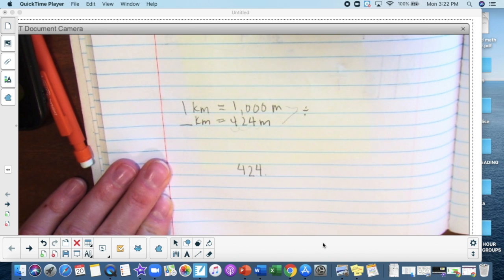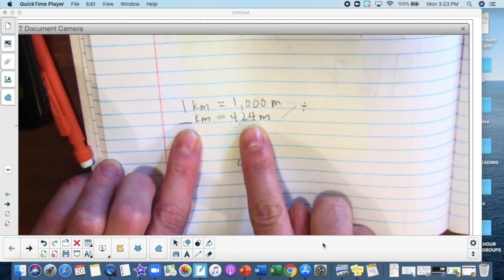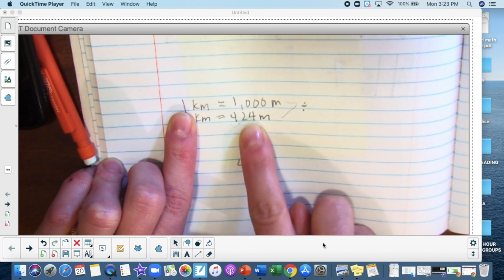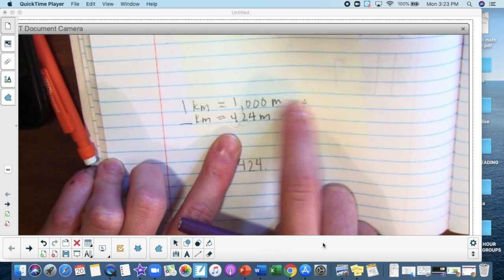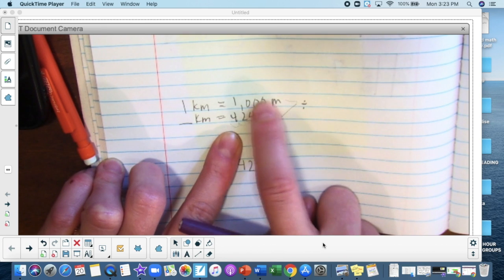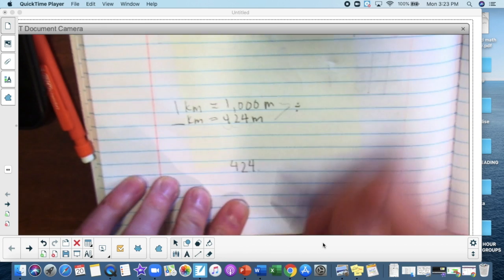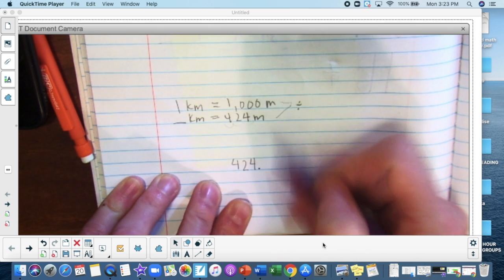I need to know how many kilometers are in 424 meters. I know that in 1 kilometer, I have 1,000 meters. So I need to go from here to here. My number is getting smaller, so I'm going to be dividing. I need to divide by 1,000. Here's the nice thing about that. If I have 424, I love the metric system.